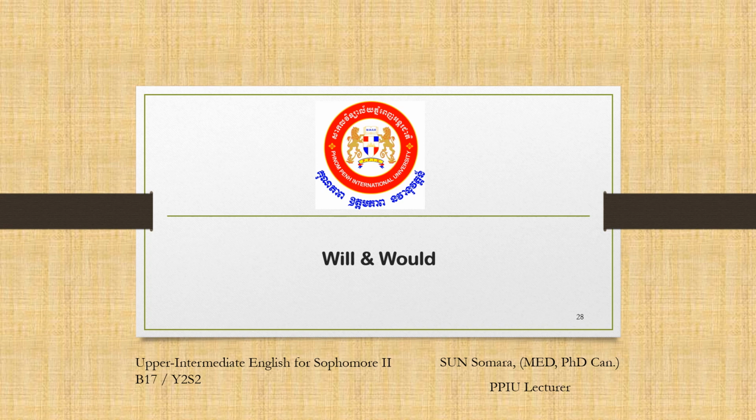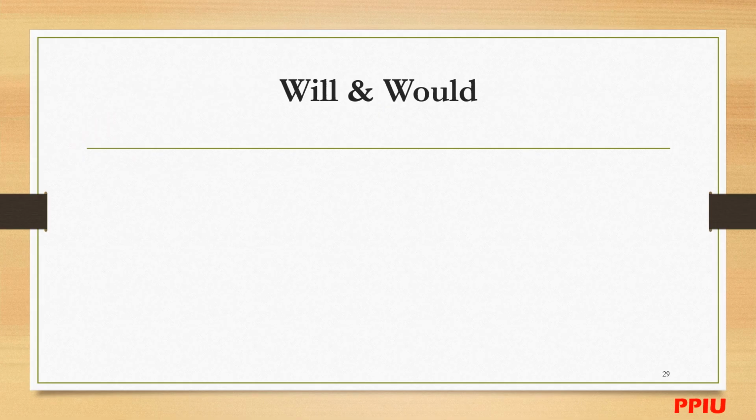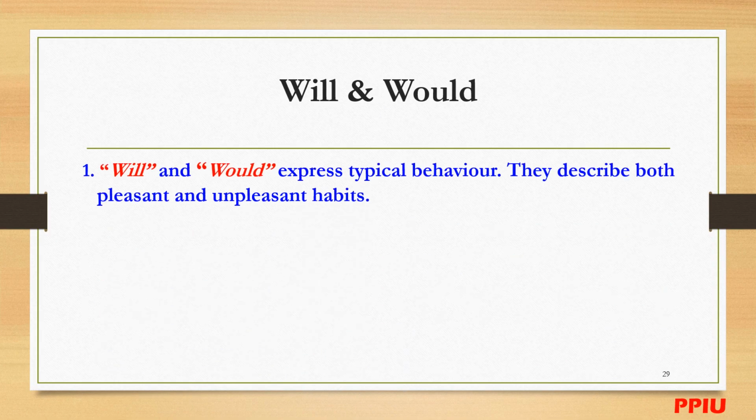Let's move to one more thing that you can also use to talk about habit: will and would. All right. Okay, will and would express typical behavior. They describe both pleasant and unpleasant habits. Okay, so remember this one.